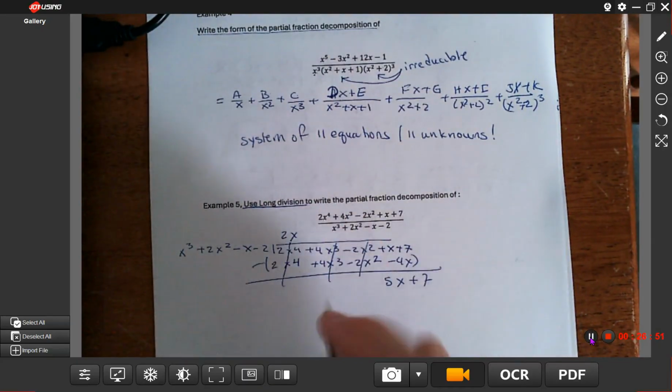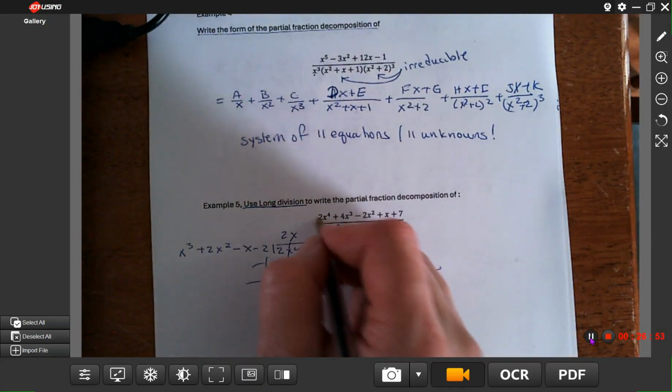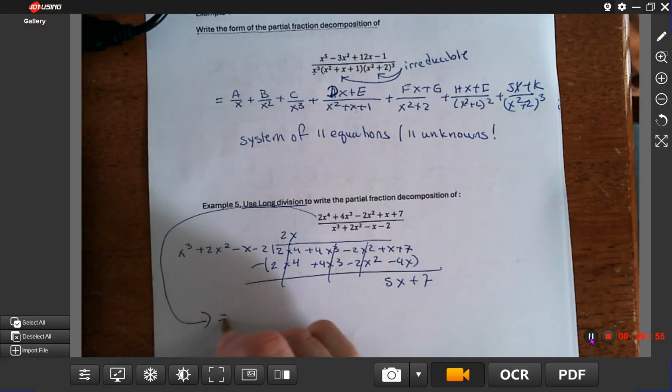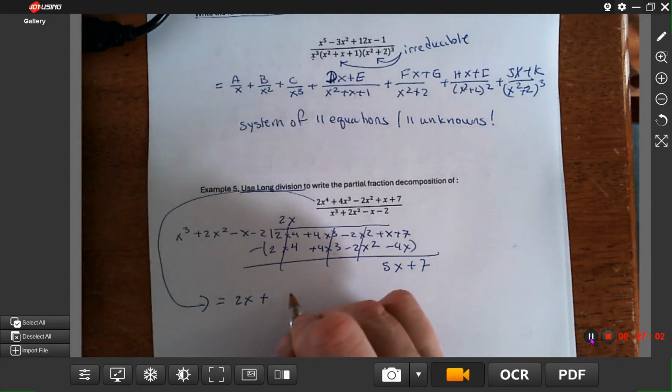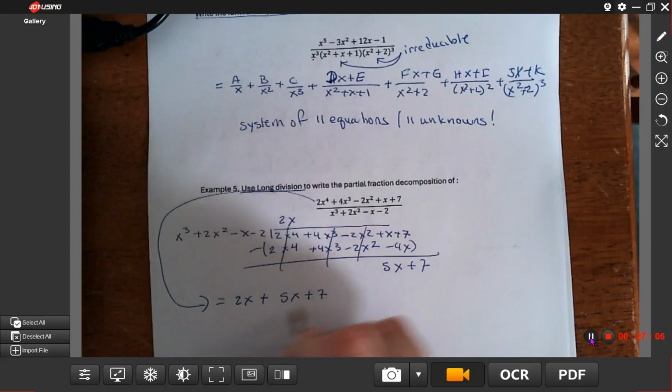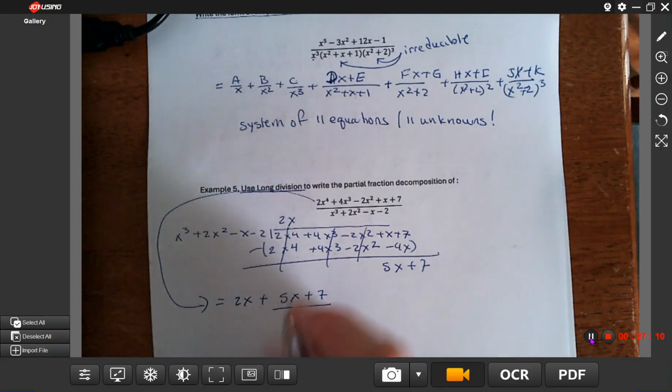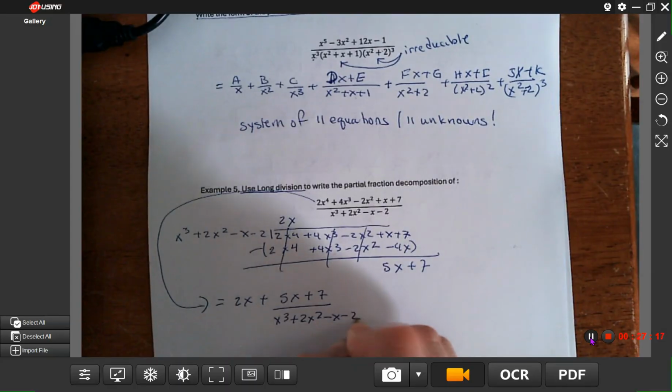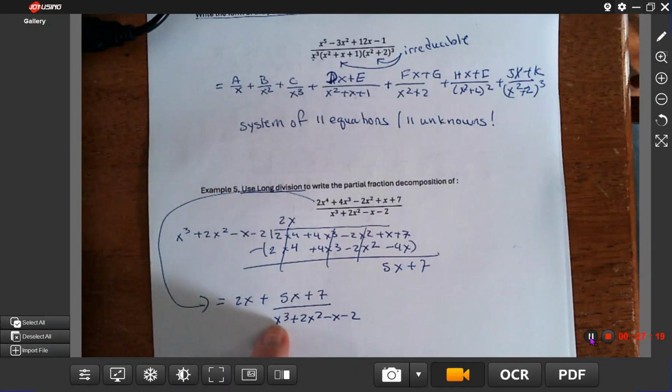So the answer to my long division problem is that this expression equals 2x plus 5x plus 7 over the divisor, x to the third plus 2x squared minus x minus 2.